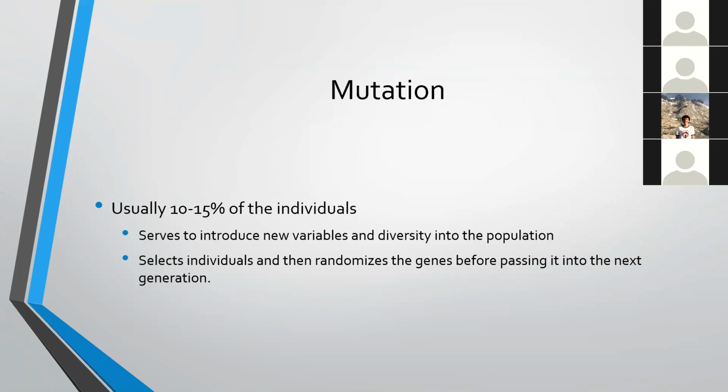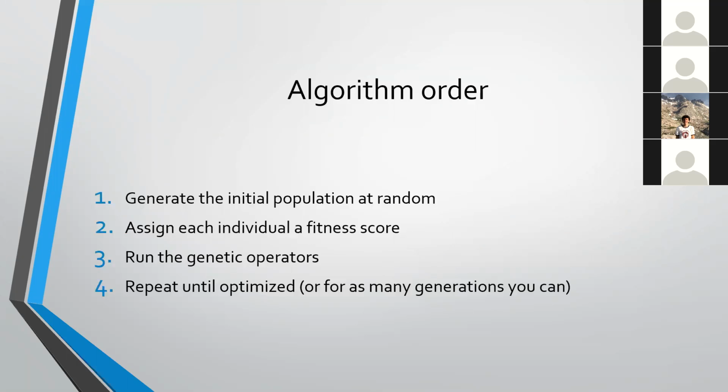But now that we've got all those, you really know everything you need to know for these. And now the trick is just putting them in order. So how a genetic algorithm runs is that it'll generate a randomly done initial population. This can be of any size for whatever many variables you want.